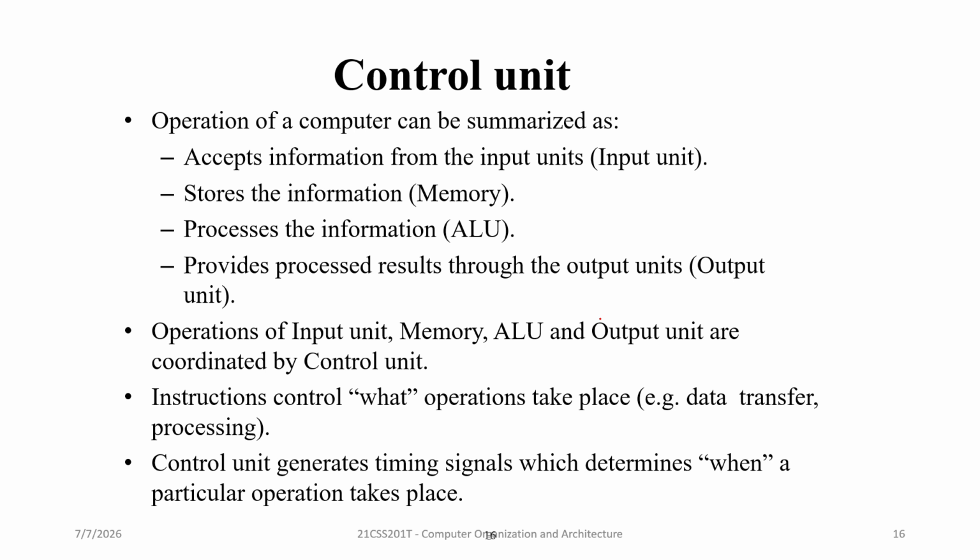So all the operations of input unit, memory, ALU, and output unit are coordinated by the control unit. Who will coordinate? The coordinating activity is performed by the control unit. Instructions control what operations take place, and the control unit generates timing signals which determine when a particular operation takes place.